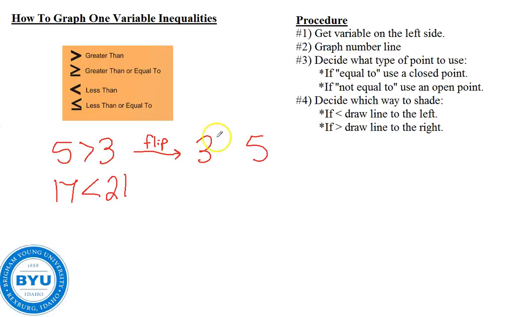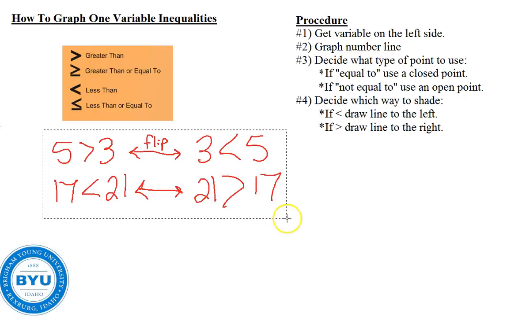So it would no longer be greater than, it would be less than. 3 is less than 5. These both mean the exact same thing. 5 is greater than 3, or 3 is less than 5. This one can be flipped as well. I can put 21 on the left side and 17 on the right side, but I'd have to flip the inequality. It wouldn't be less than, it would be greater than.